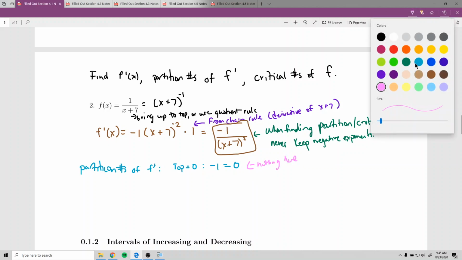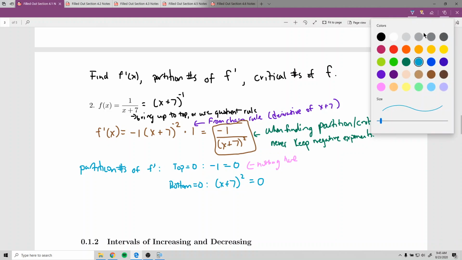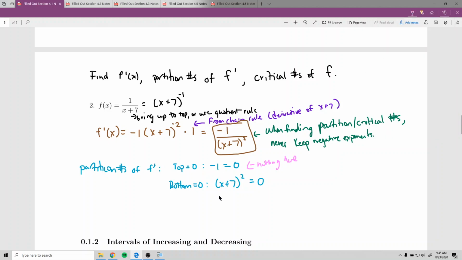And we also set the bottom equal to 0. The bottom is x plus 7 squared, and we want to solve this. And this one has an x, so we've got to do it. It's not going to be nothing.